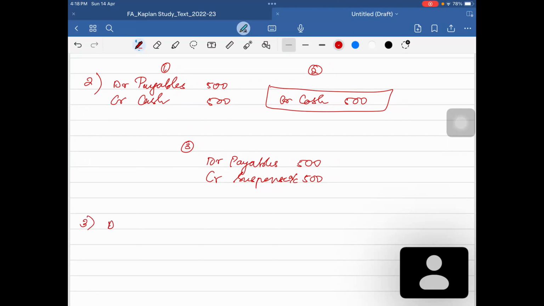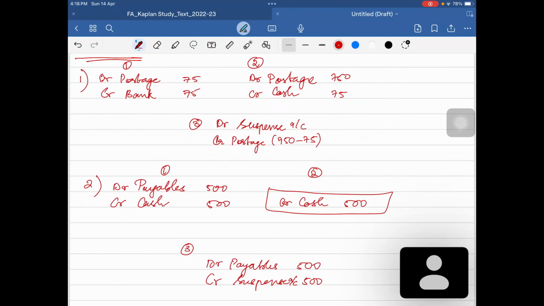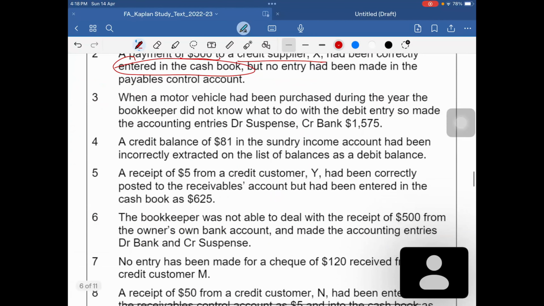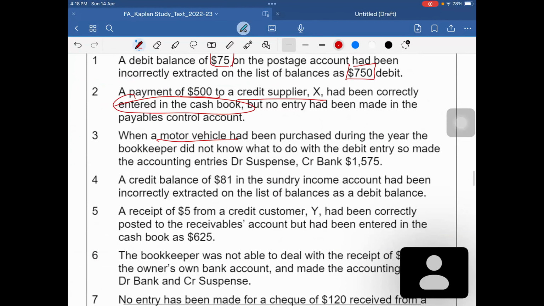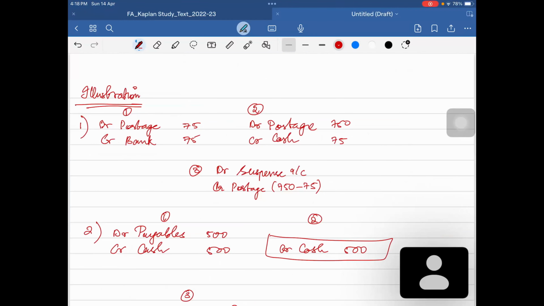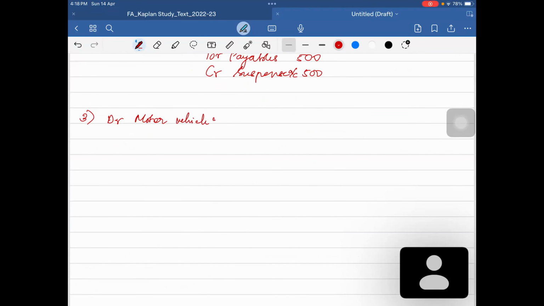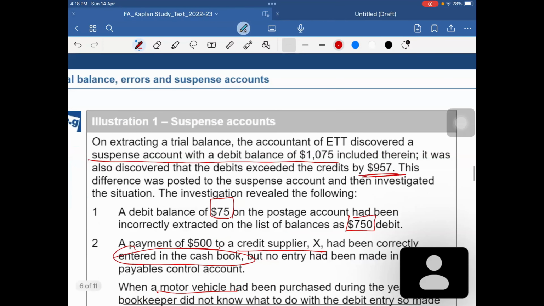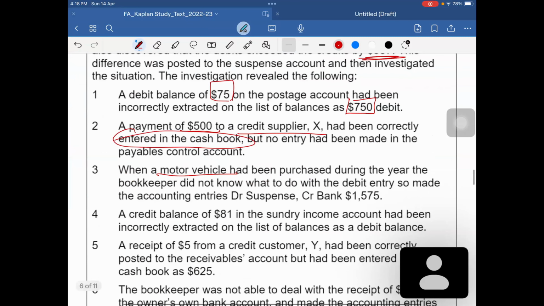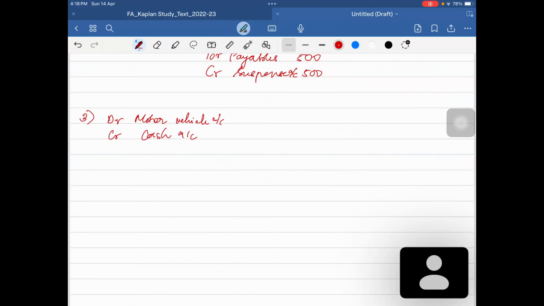So it is debit motor vehicle account and credit cash, right? How much is it? 1575. So this should have been the value, right?